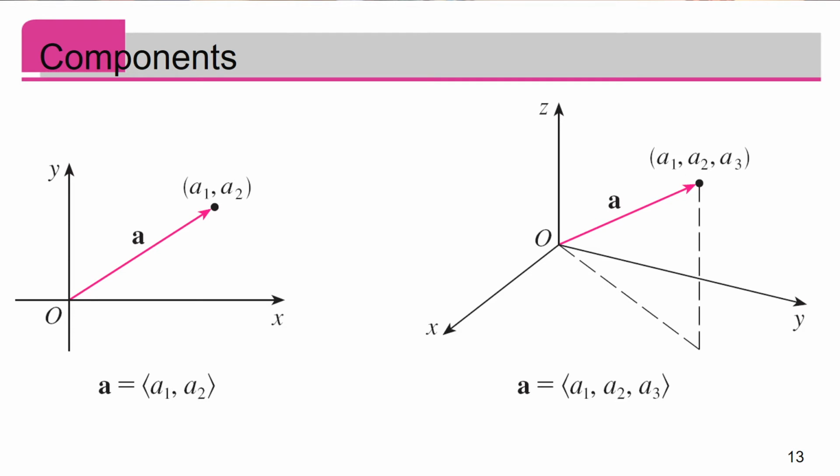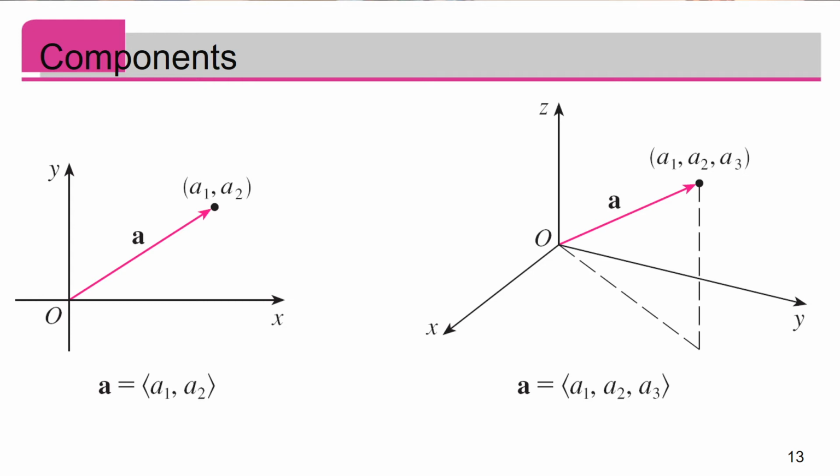So in this first diagram, the vector A has the components A1, A2, because the terminal point of that vector is the point A1, A2. Similarly, in 3D, the vector A terminates at the point A1, A2, A3, and so that vector is going to be in component form just A1, A2, A3.